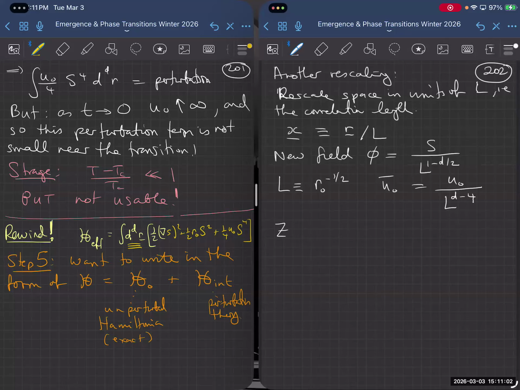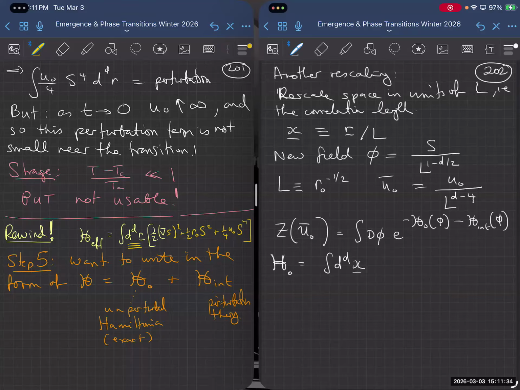So my partition function now depends on one variable, which is this u naught bar, and it's going to look like this: integral d phi, this new field, e to the minus H naught of phi minus H interaction of phi. And H naught is now going to be an integral, because I've counted out all the factors of space, the length scales and so on.